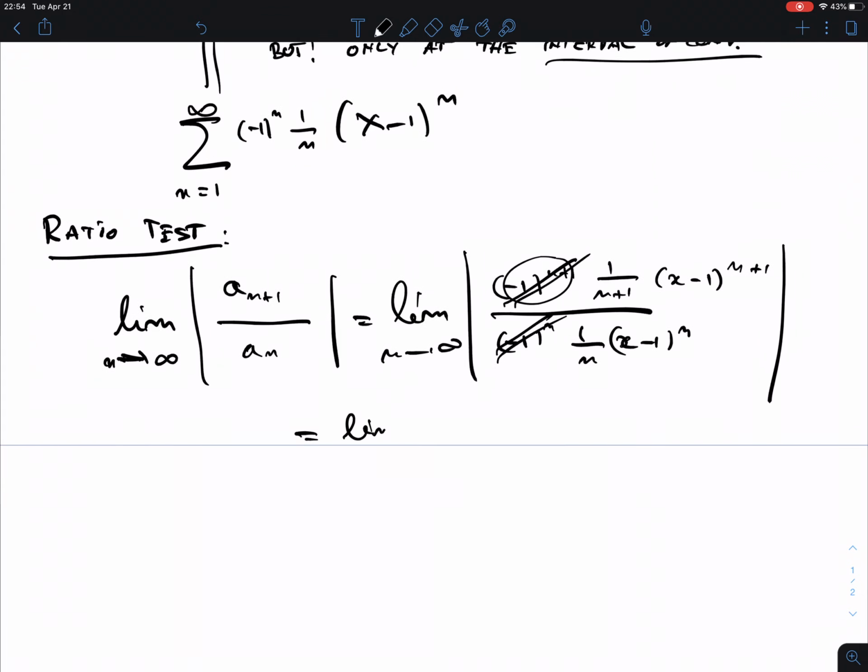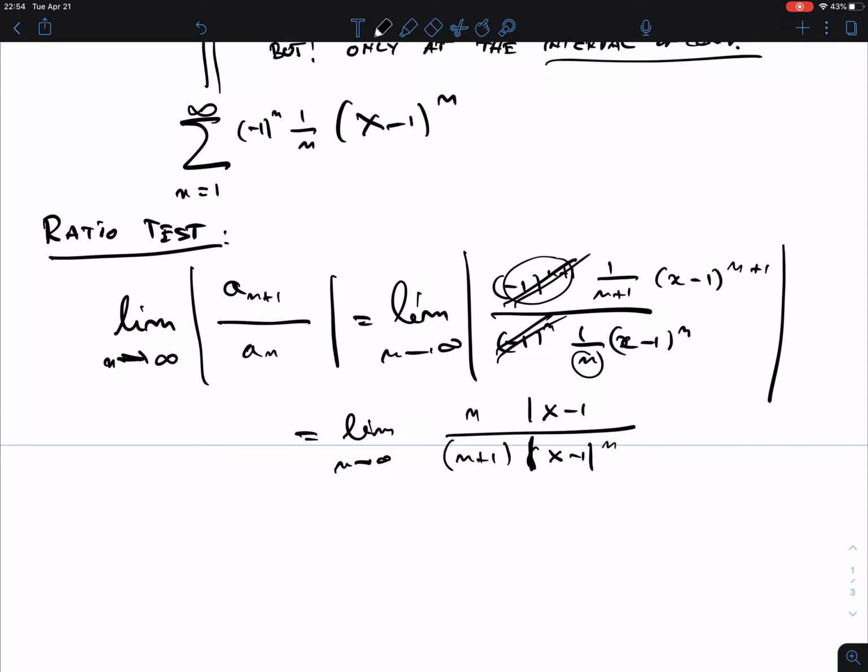Okay, so let's now rewrite everything. I get the limit for n going to infinity. Let's write our fraction as a single fraction, not a compound fraction. So n plus 1 is in the bottom, and the n goes on top. And then we have here the absolute value of x minus 1 to the power n. This is where the absolute value has to stay.